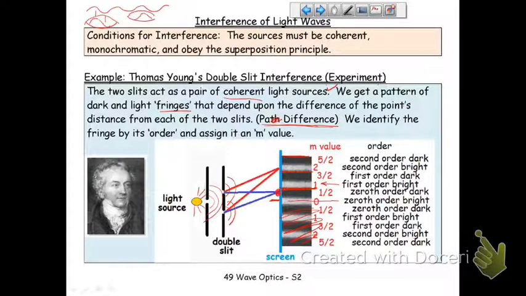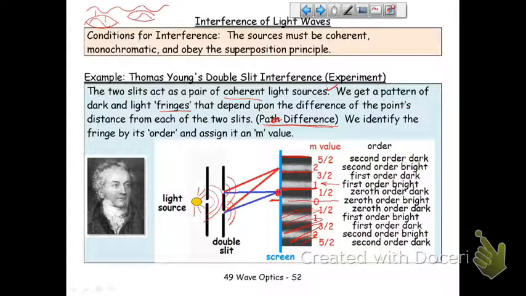So you've got to spend some time and get to know this terminology, and then you've got to spend some time and satisfy yourself that we get constructive interference when the path difference is a whole number of wavelengths. Remember that? We did it with the two speakers. If it's a whole number of wavelengths, then crest number 13 arrives with crest number 12. But they're still crests, so we get constructive interference.